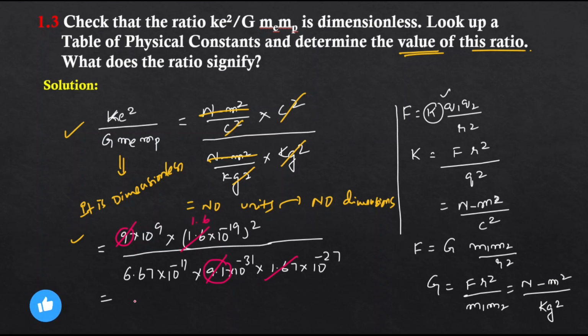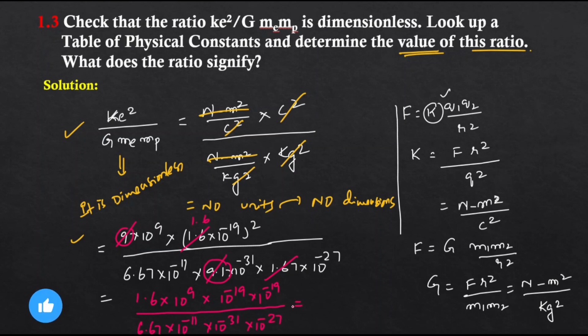So I am writing again the values in the numerator: 1.6 into 10 to the power of 9 into 10 to the power of minus 19 into 10 to the power of minus 19. In denominator we get 6.67 into 10 to the power of minus 11 into 10 to the power of minus 31 into 10 to the power of minus 27.